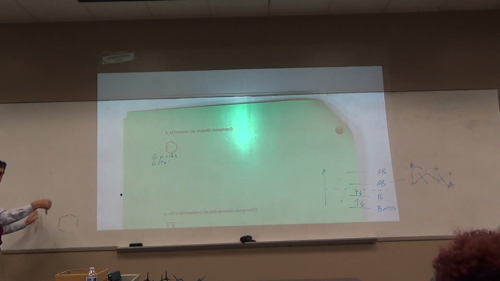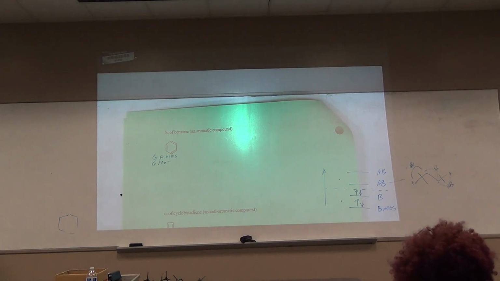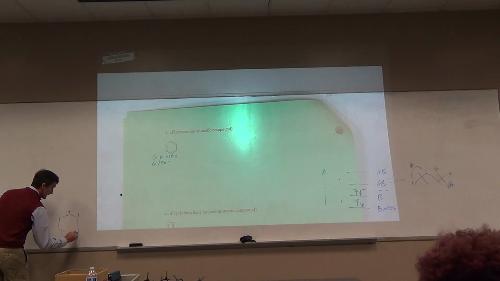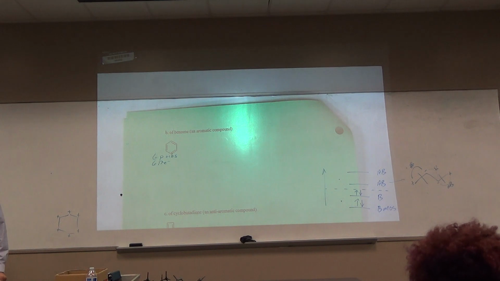What's the best way all these 6 can overlap? Here's the bottom. The best way is where they're all in phase. All 6 are interacting constructively. That's the best, best meaning the lowest in energy.